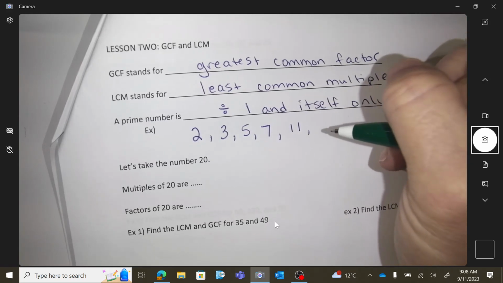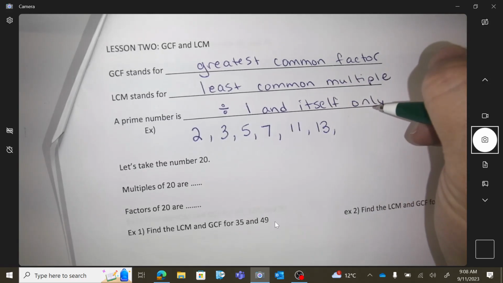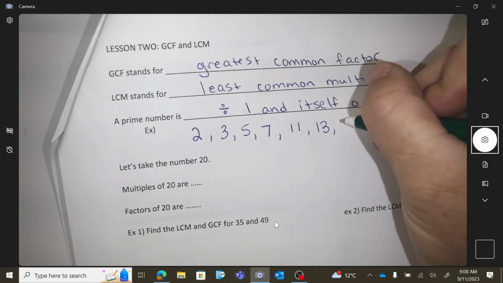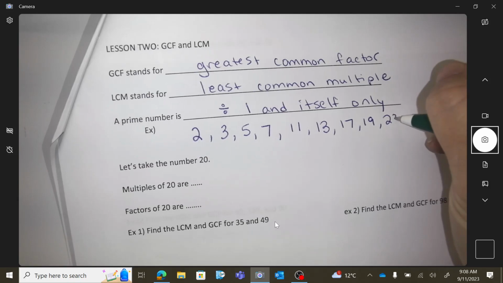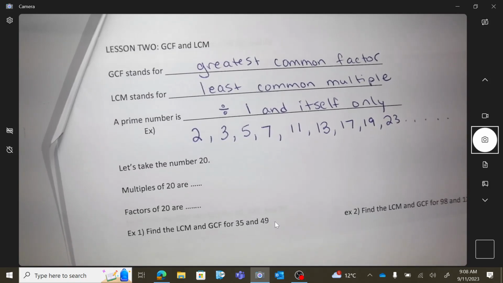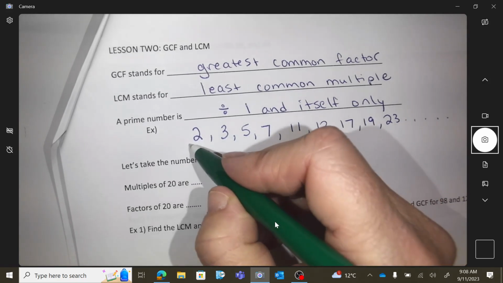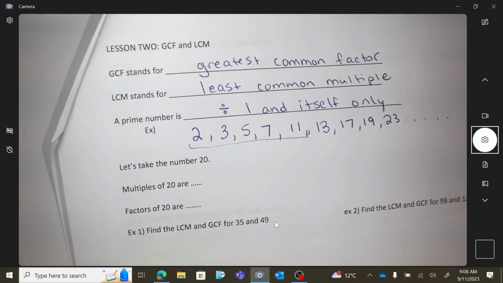That's prime. 13. That's prime. 15. Nope. 17. 19. 23. Okay, so that's what prime means. Probably in this lesson you won't see anything past 11, I would say.